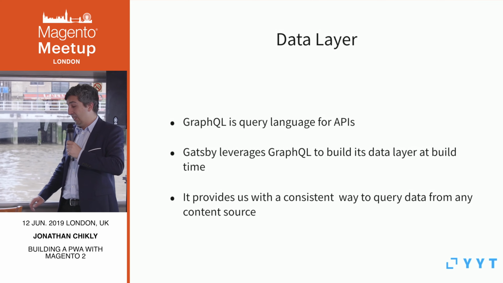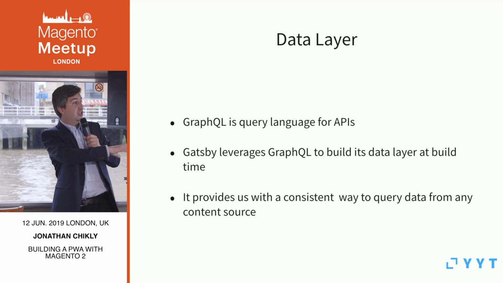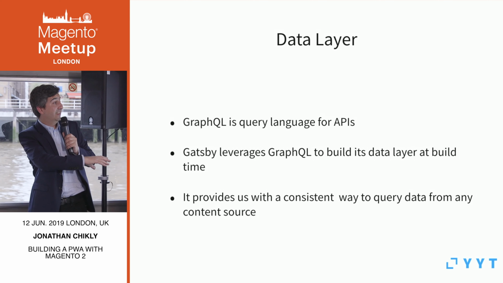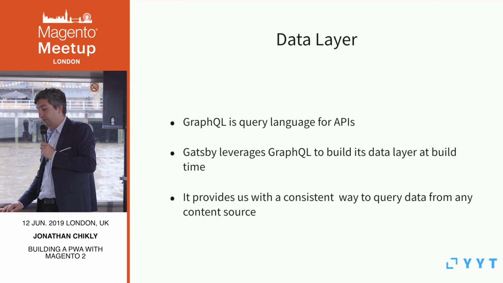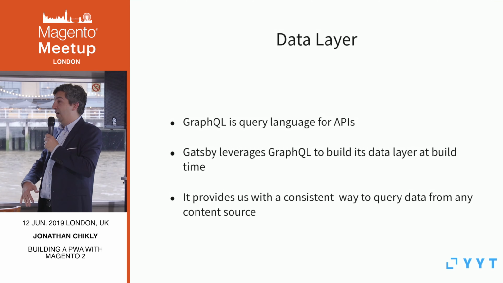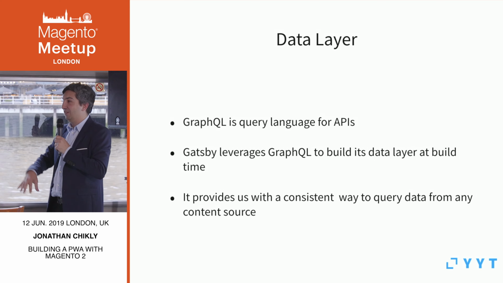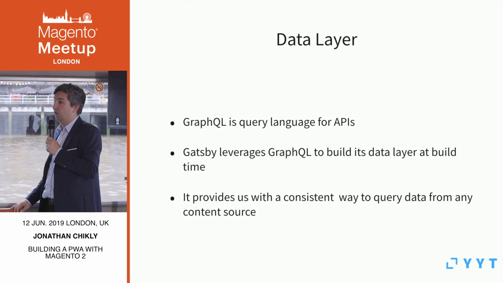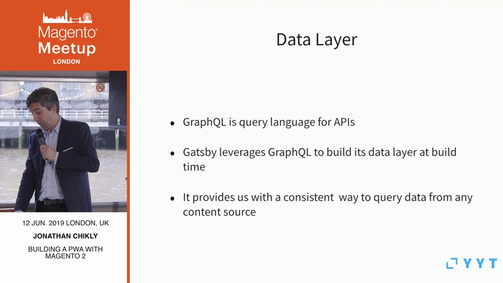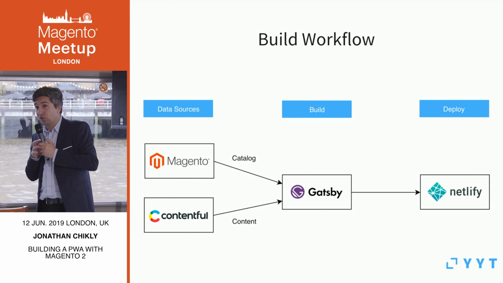So very briefly about GraphQL, which we mentioned earlier, that allows us to build the data layer. It's a query language for APIs, and as mentioned earlier, basically Gatsby grabs everything at build time, and it allows us to query data in a consistent manner. This is a build workflow.